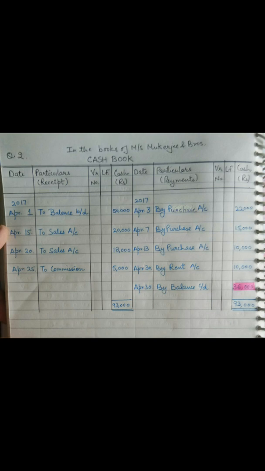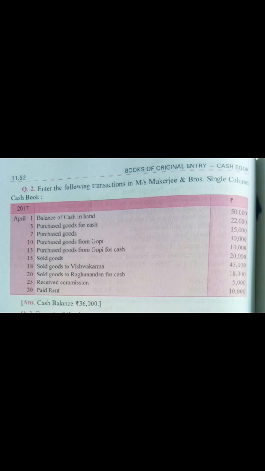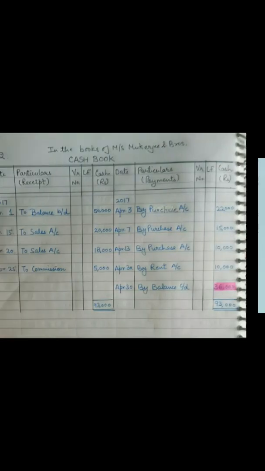Next entry is on 3rd April. Purchased goods for cash 22,000. As we are purchasing the goods, we have to make the payment, or cash is going out from the firm. So the entry would be on the credit side, as it is a payment, and it would be of 22,000.